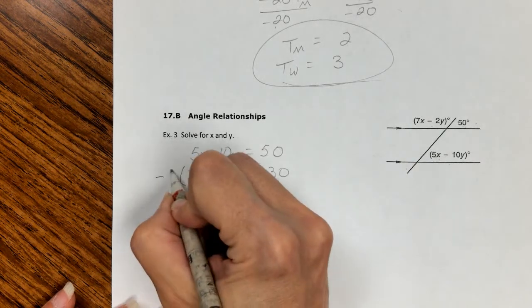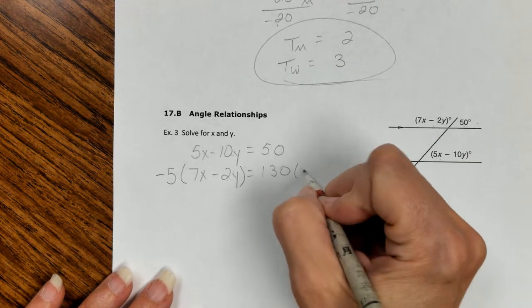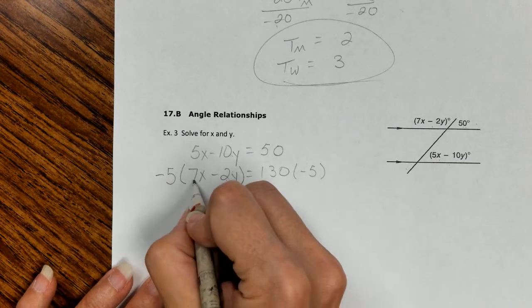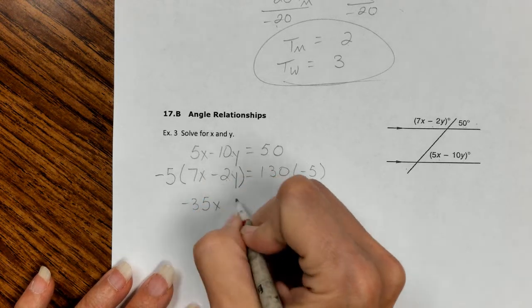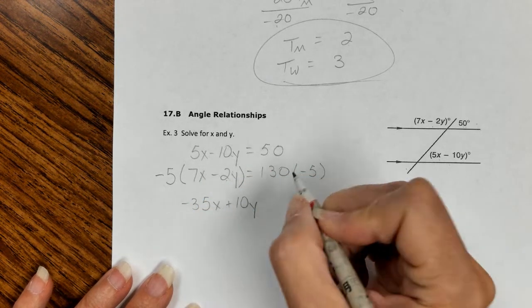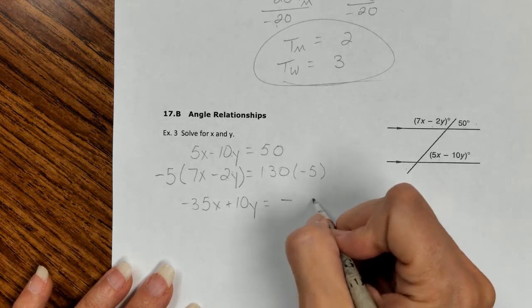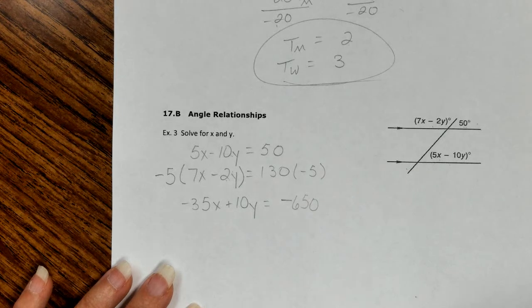So I'll be multiplying everything in that second equation by negative 5, on everything on both sides. So that means I have negative 35x plus 10y equals negative 650.